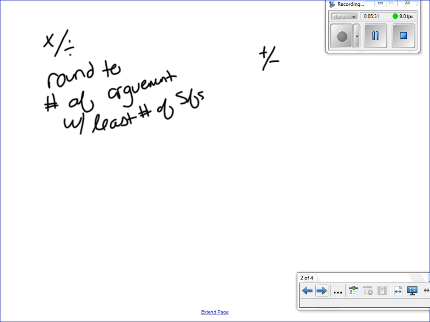I'm going to round it to the one that has the least. We always get less precise. If you remember nothing else, we get less precise. Kind of like you're only as strong as your weakest link. You're only as precise as your least precise instrument.